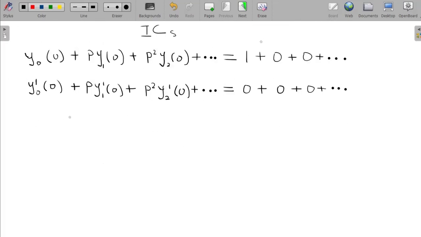Then the same thing with the initial conditions. y0(0) will go for 1, y1(0) will go for 0, y2(0) will go for 0.